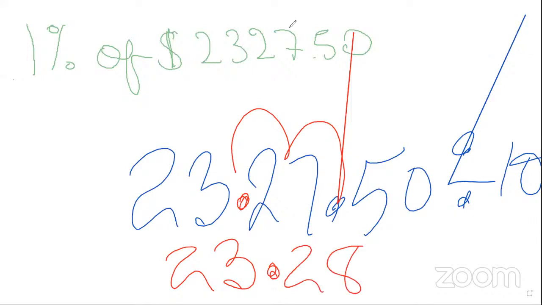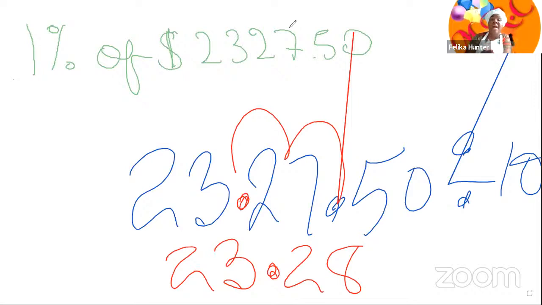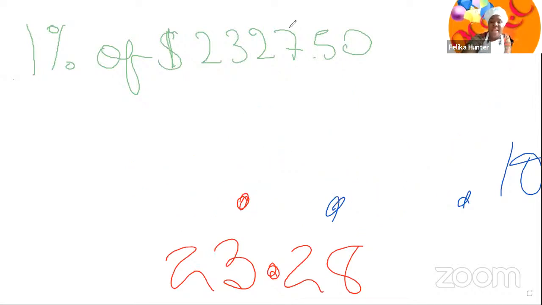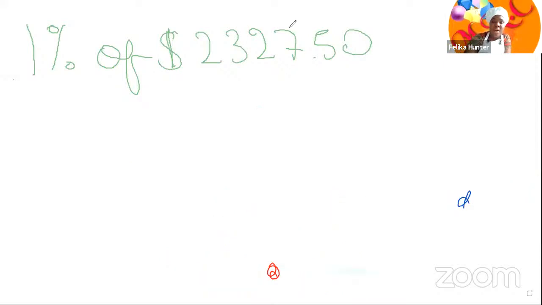Because I know that if it's 1% of any number, I'm going to be dividing by 100, I'm not wasting any of my time. All I'm going to do is come up here with my pen and go from the decimal point 1, 2, put my decimal point right there, and just write down my answer.